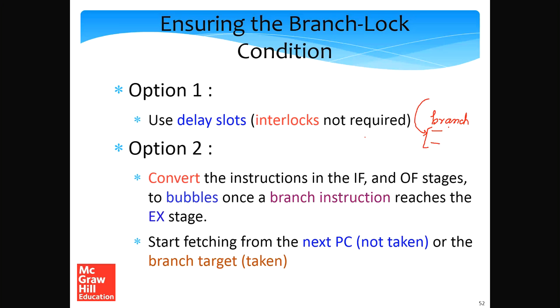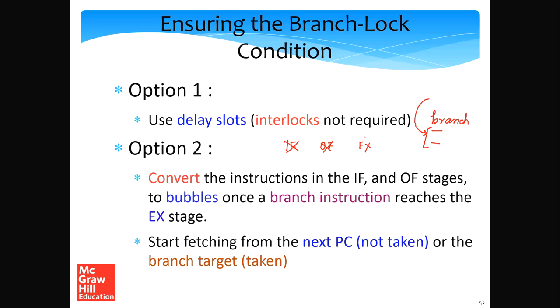The second option is that we convert the instructions in the IF and OF stages to bubbles once a branch instruction reaches the EX stage. Why? The reason is that in the EX stage we make a determination of whether the branch is taken or not taken. So we just cancel the instructions by converting them to bubbles. The instructions in the IF and OF stages are cancelled and converted to bubbles.